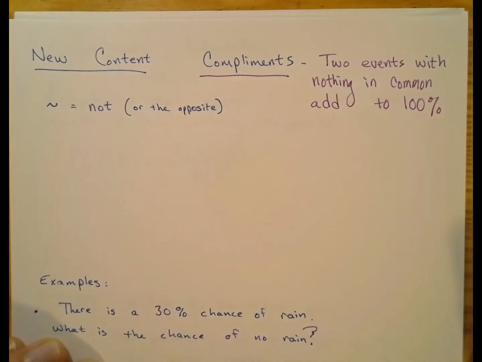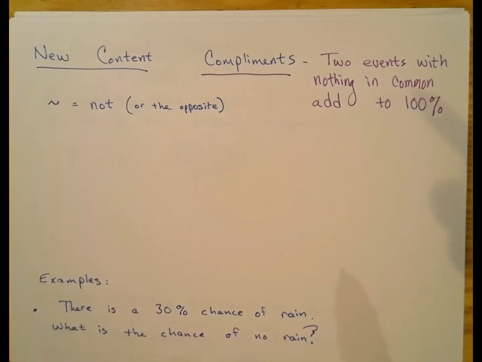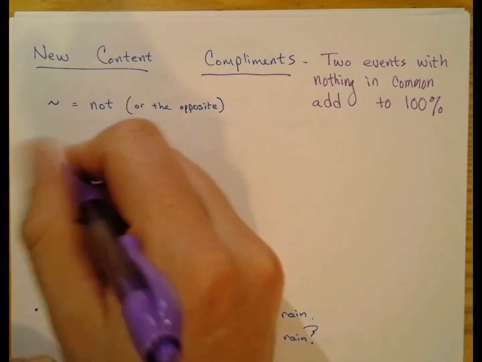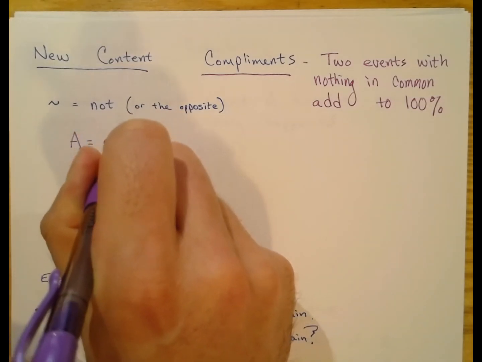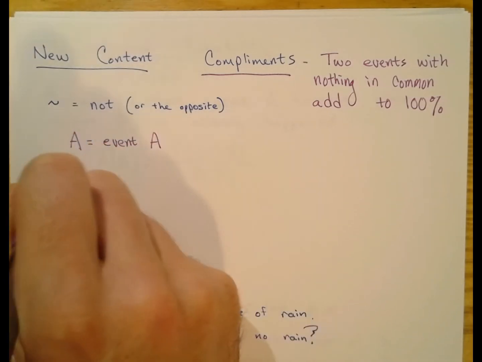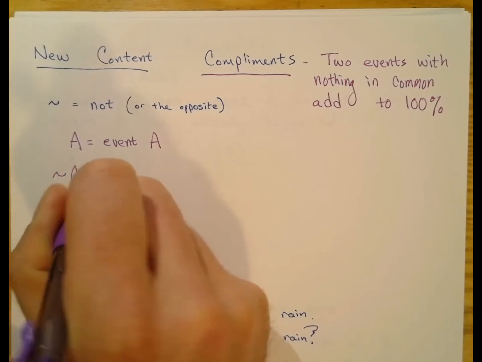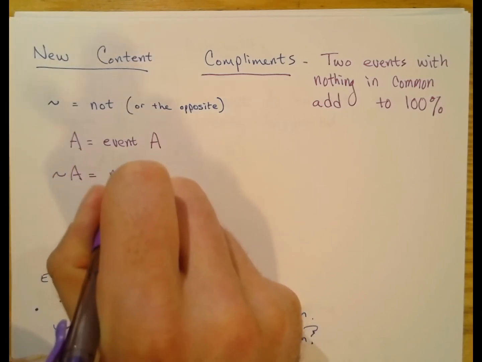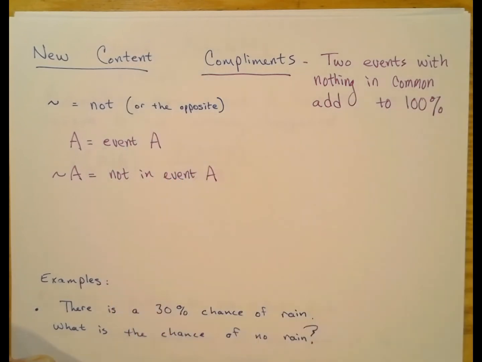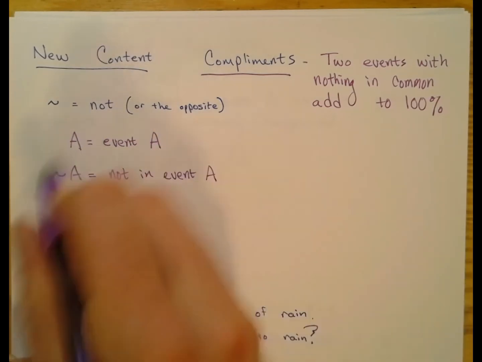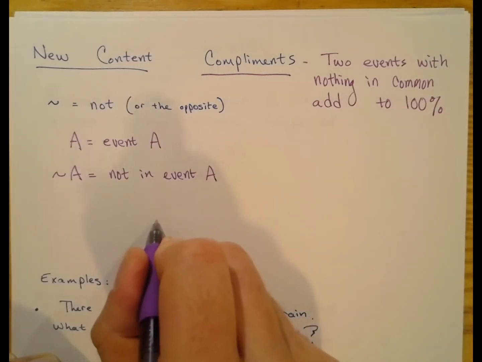And we have a little symbol. Because there are two events, they have nothing in common and they add to 100%. You either have an event or not some event. So A is going to be event A. Not A is not in event A. And the probability of these two events happening together should add up to 100%.